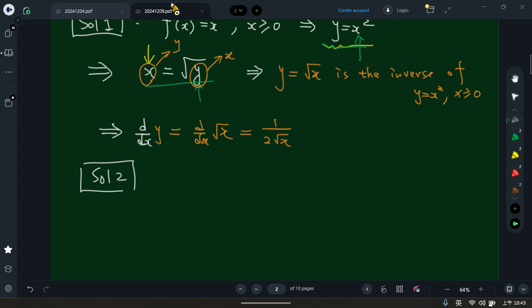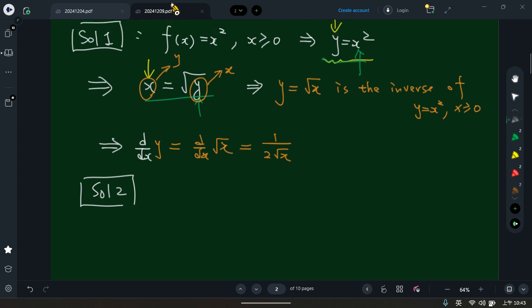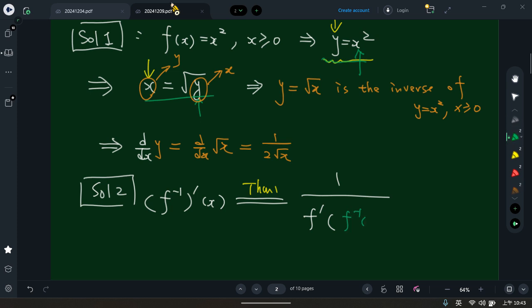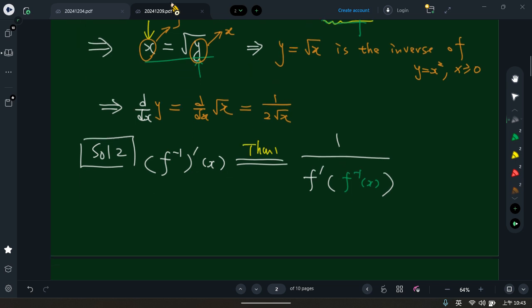And the solution 2 is because we want to get f inverse prime of x by the theorem 1, that we can get it as 1 over f prime of f inverse x. So how can we get that?